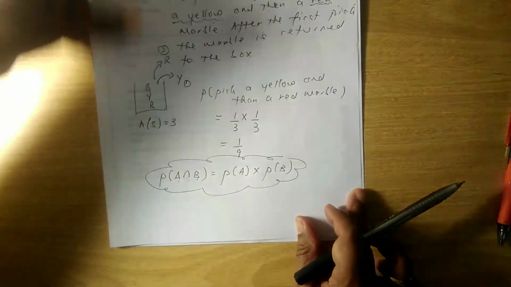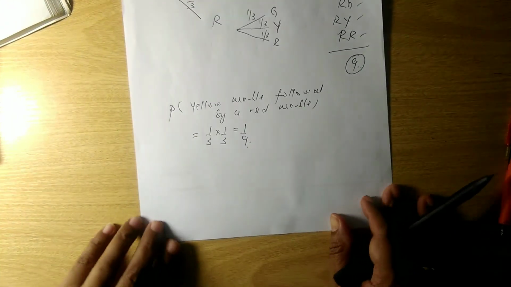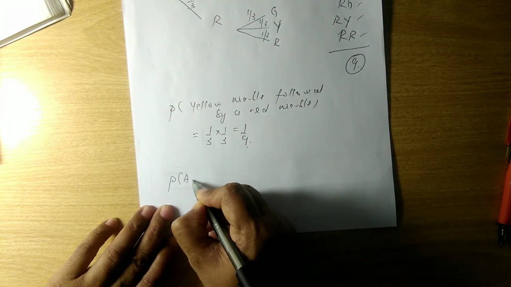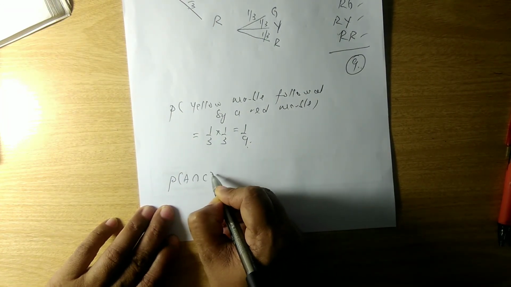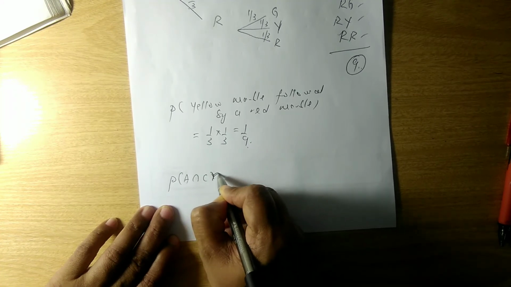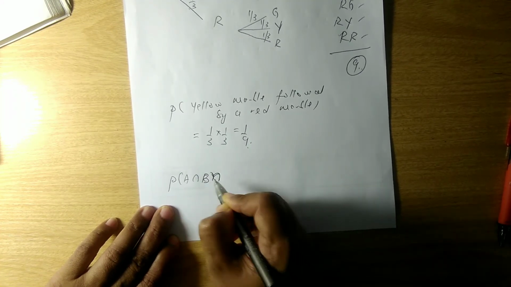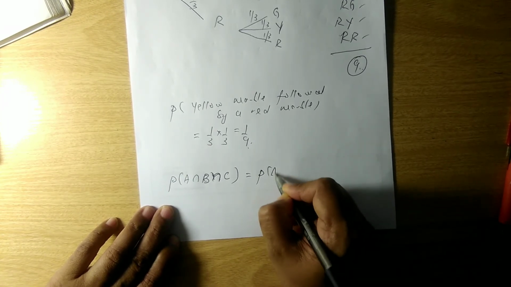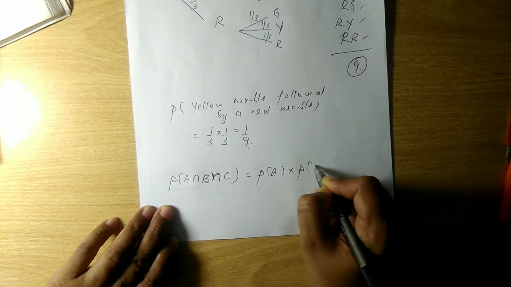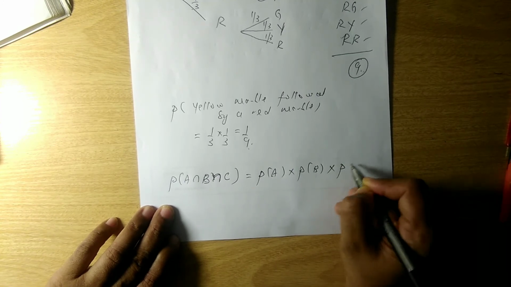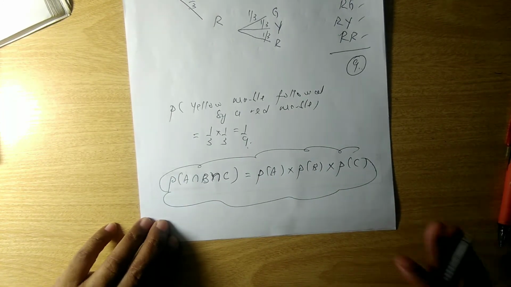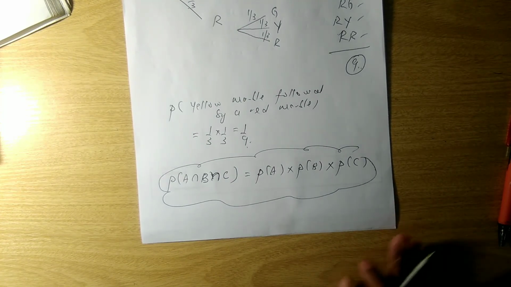If the three events are independent, A intersection B intersection C becomes P of A times P of B times the probability of event C. It works for any number of events, so long as they are independent, they abide by this rule. All right, thank you.